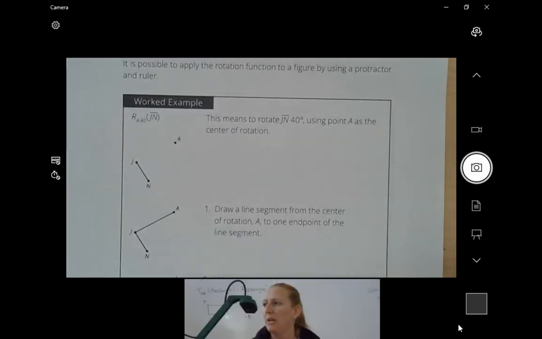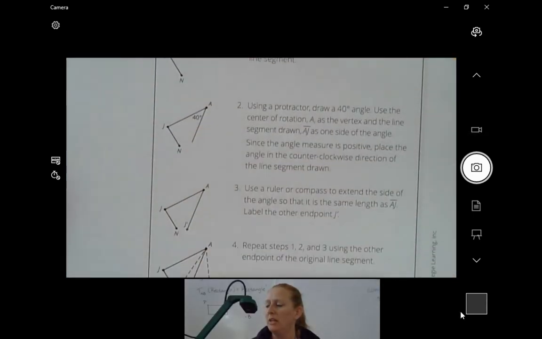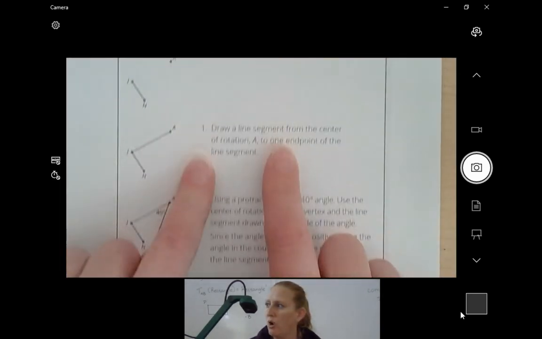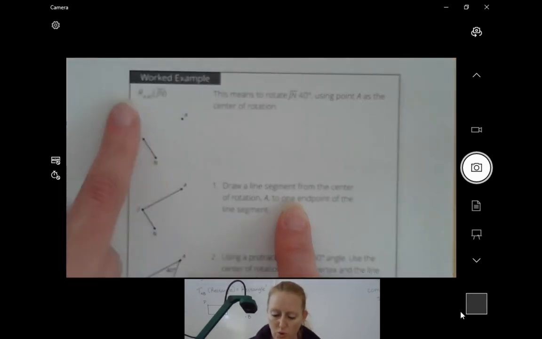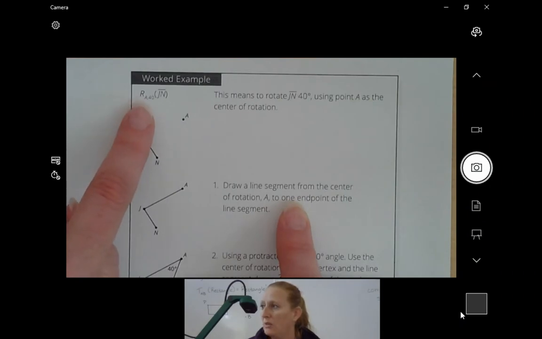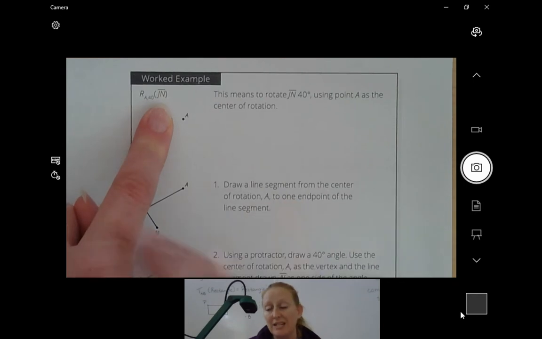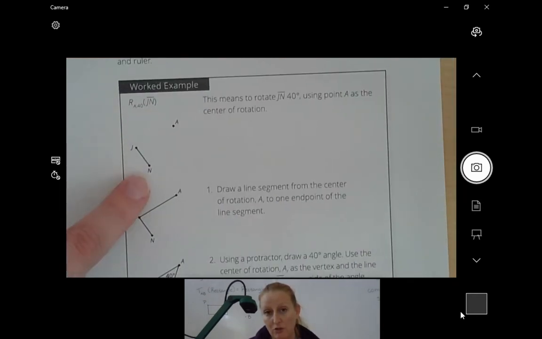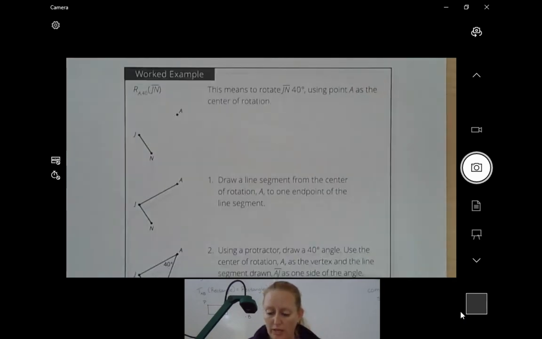So this is what you have on the page, and they've explained all the rotations here. The idea is I want to rotate around a positive 40 degrees. Because I'm rotating an entire segment, I actually have to do it twice: I have to rotate J, and then I have to rotate N. I'm going to rotate each point.